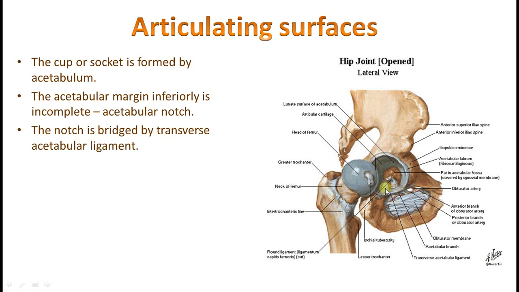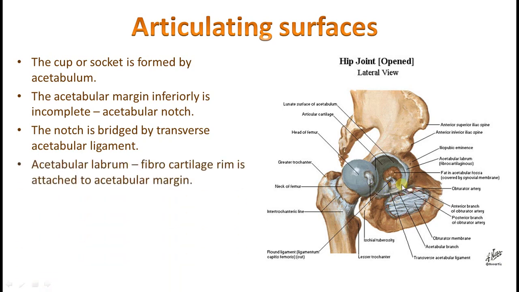I told you the transverse acetabular ligament bridges the gap, and along the margins of the acetabulum what is attached is the acetabular labrum, which is a fibrocartilaginous rim, the same as the glenoid labrum of the shoulder joint.